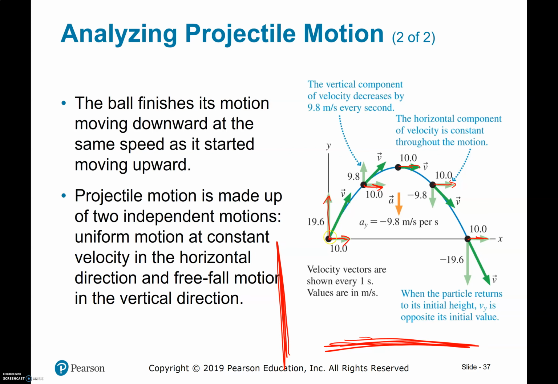If you look at the vertical axis, the velocity starts very high, decreases, goes to zero, and then becomes negative, right? That is because there is acceleration in the vertical axis, and that is the acceleration of gravity.